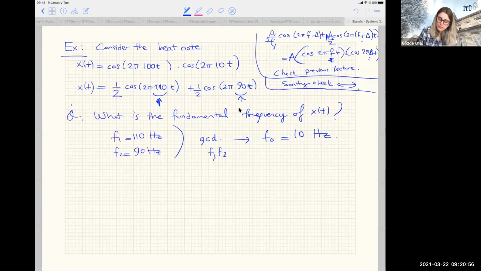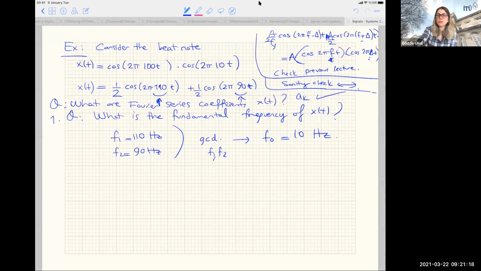The ultimate question was actually, this was the first question, but the ultimate question is, what are the Fourier series coefficients of x of t? Meaning a_k, because once I have a_k, I know the Fourier series representation of the signal.